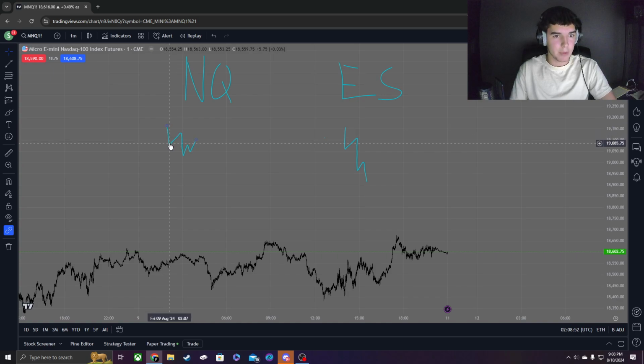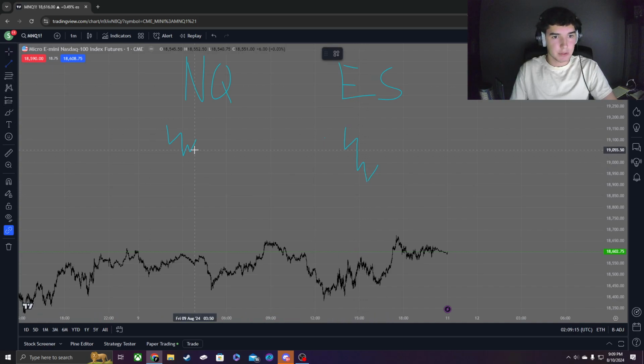We have lower low, lower high, lower low, lower high, higher low. On this third low, it's a higher low, while on ES right here, you can see lower low, higher high, lower low, higher high, lower low. It never makes a higher low.